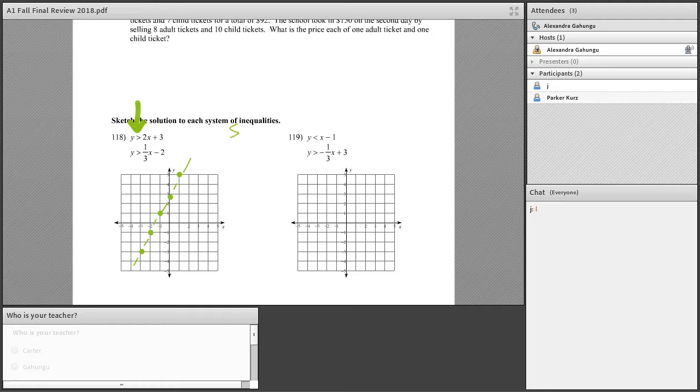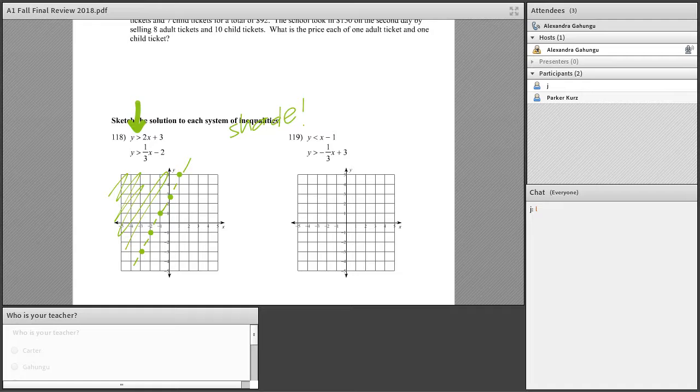And then I also have to shade. If I see an inequality, I will be shading. So it says y is greater than. So I shade above my line. Then I go to the next one. Shade there.